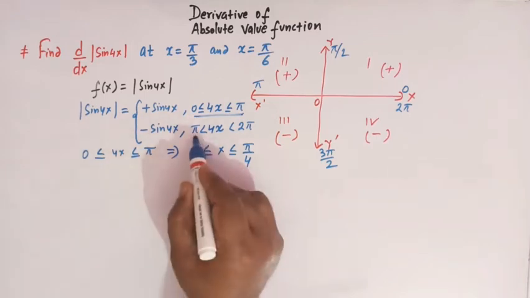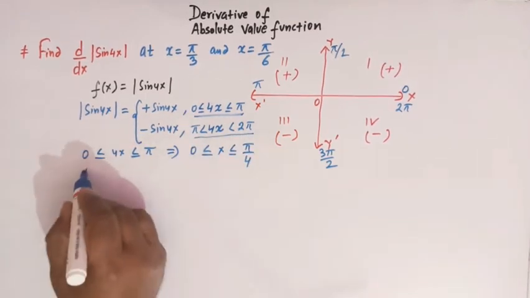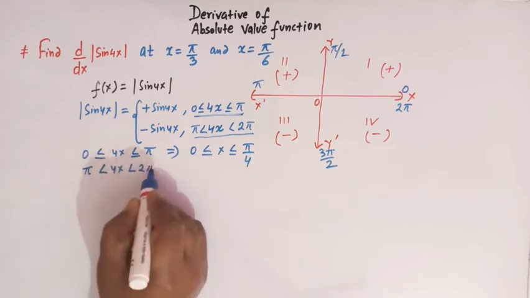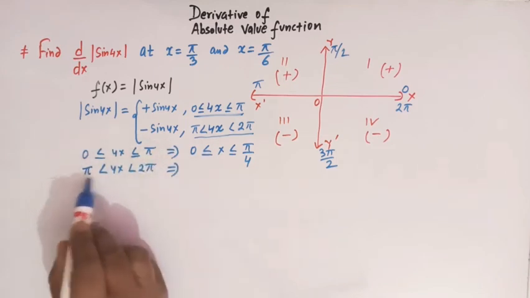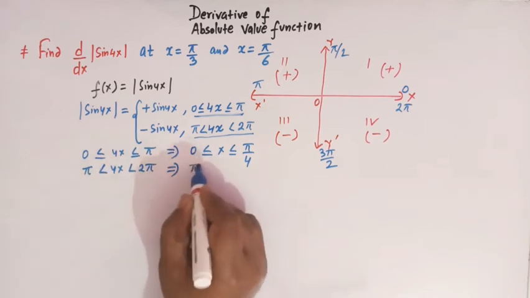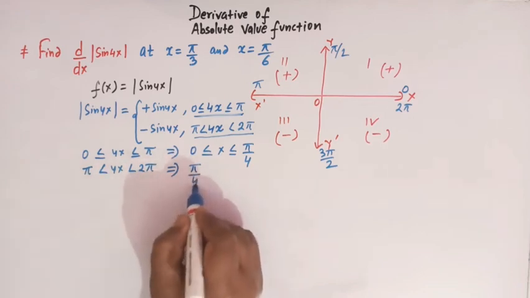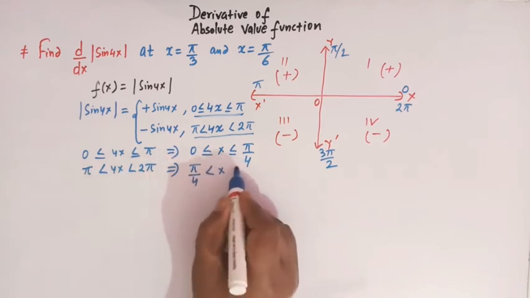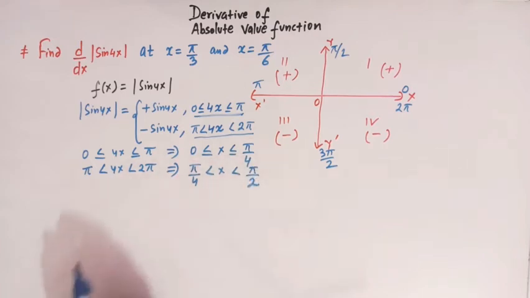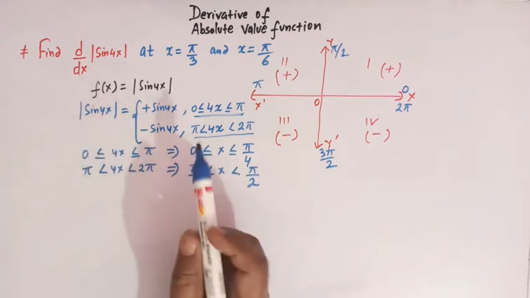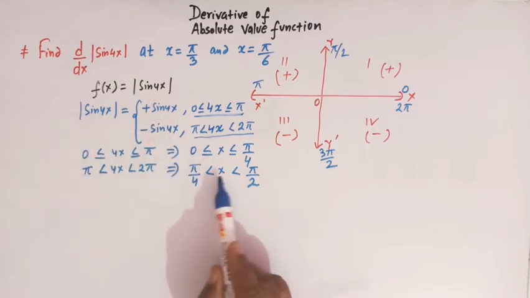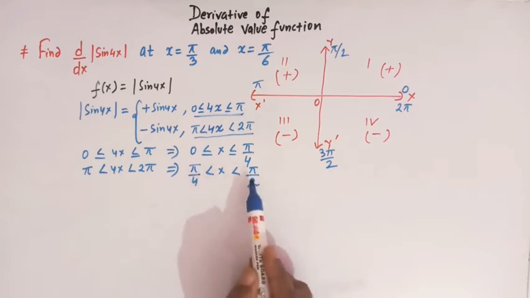And now if we take this inequality, pi less than 4x less than 2 pi, and divide throughout by 4, then we have pi by 4, x, and pi over 2. So mod of sin 4x is equal to negative of sin 4x whenever x lies between pi by 4 and pi by 2.